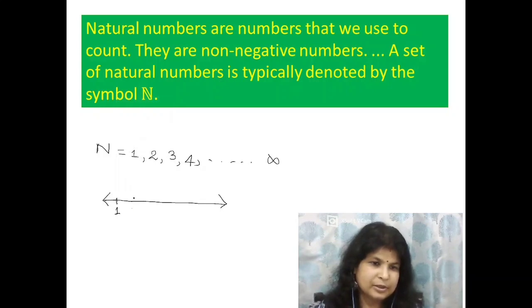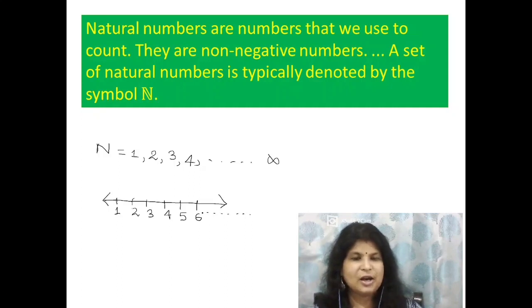Let me draw one line over here so that it will be clear for you. So 2, then 3, then 4, then 5, then 6. So it continues like this. So this is how you will represent the natural numbers in the number line.